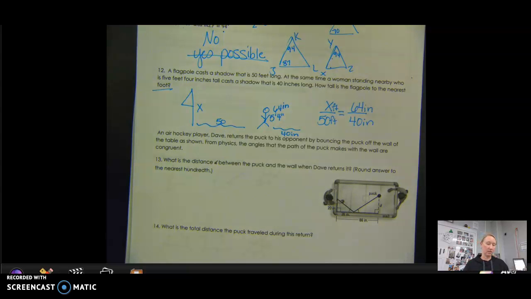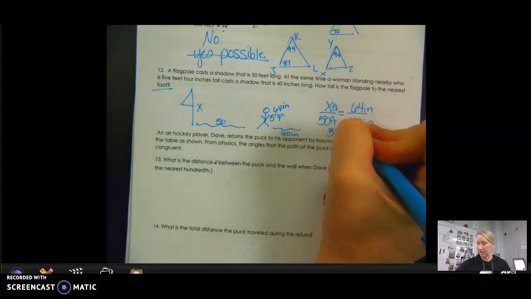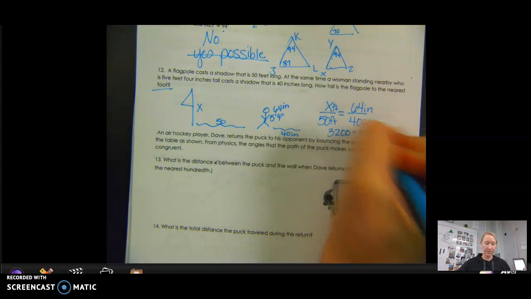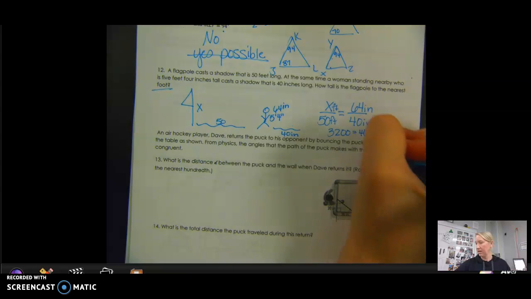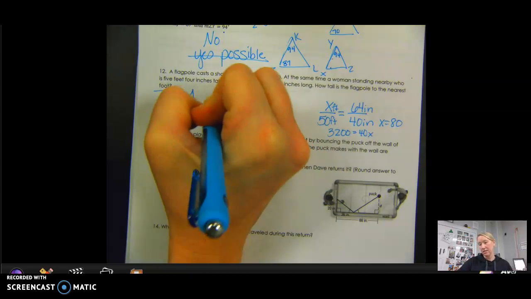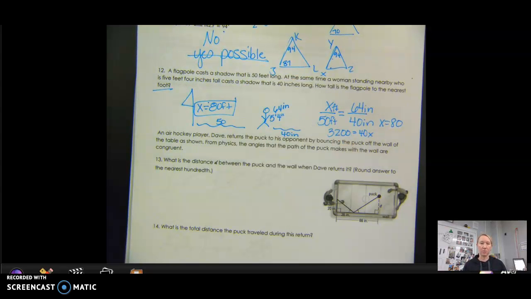I'm going to do 64 times 50, 3,200, equals 40x. I'm going to divide by 40, and we get x equals 80. And that is in feet, because the 50 was in feet. And that makes sense for the height of a flagpole.